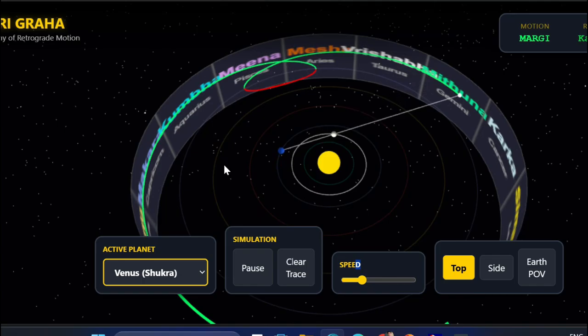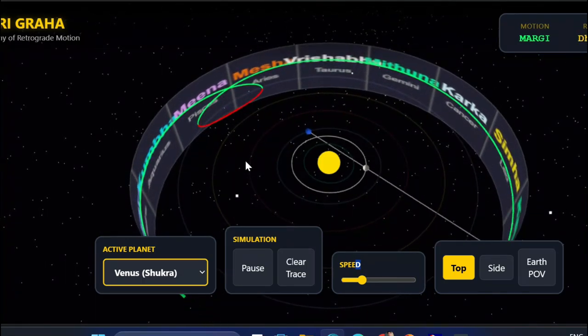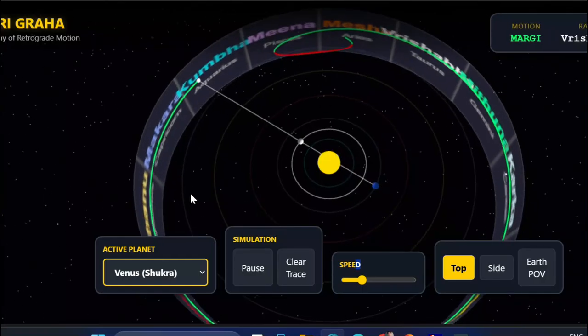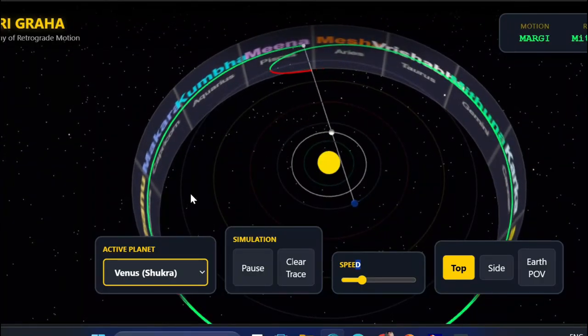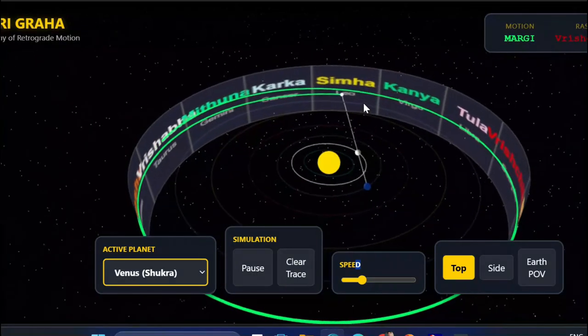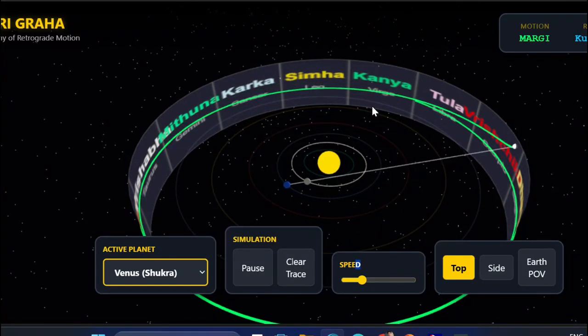See, it takes more than one cycle. It crosses 360 degrees, and after that it gets retrograde. See, here it got retrograde earlier. Now it has crossed it, and now it will become retrograde. So around 1.5 cycles or so.